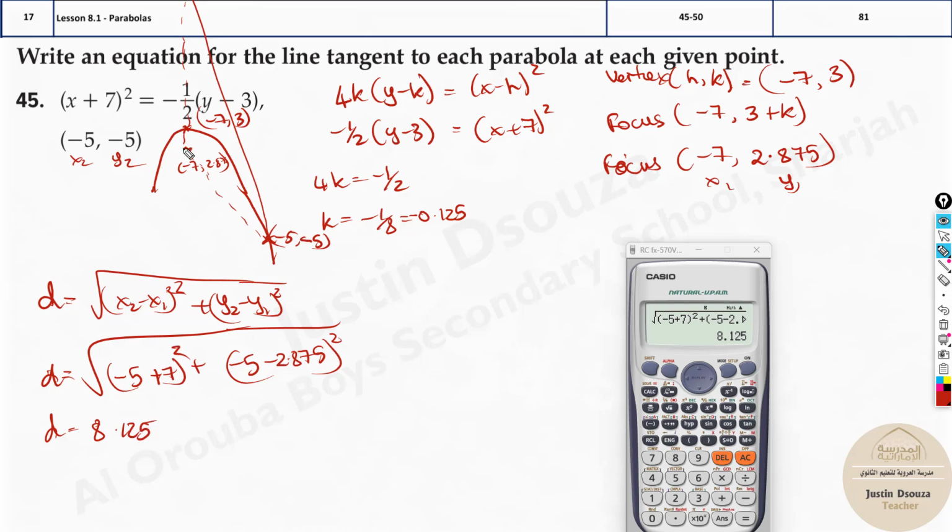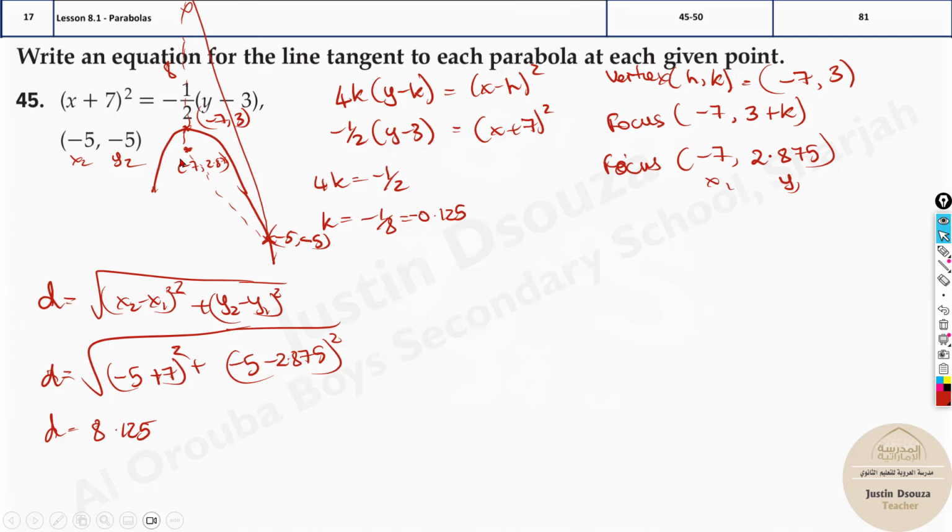Now this is 8.125, so the other point will be more above, right? See over here, this distance is 8. So how would we find that point? If the focus is negative 7 and positive 2.875, we have to just add 8 to the x-axis. That's it. See, because, sorry, not to the x-axis, to the y-axis. I'm sorry.